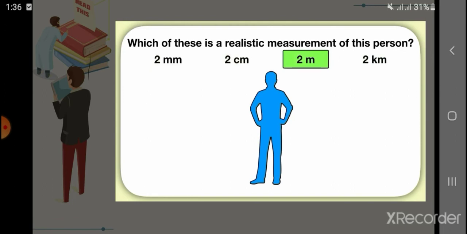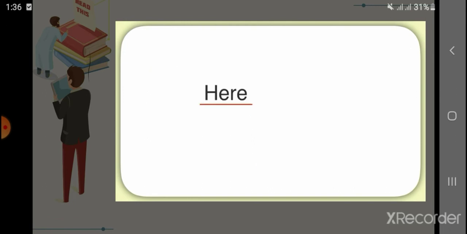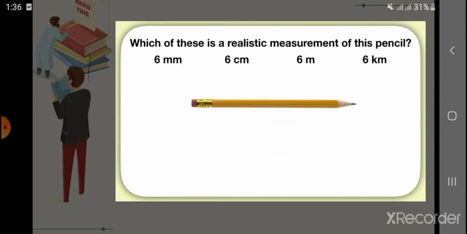So here is another problem to practice with. Which of these is a realistic measurement of this pencil? 6 millimeters, 6 centimeters, 6 meters or 6 kilometers? Let us start with 6 millimeters. Remember that 1 millimeter is really very tiny. It cannot be 6 millimeters. So let's think about 6 centimeters.